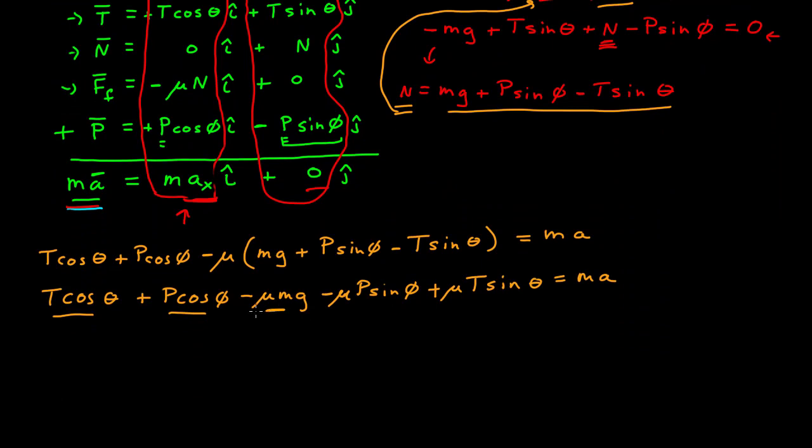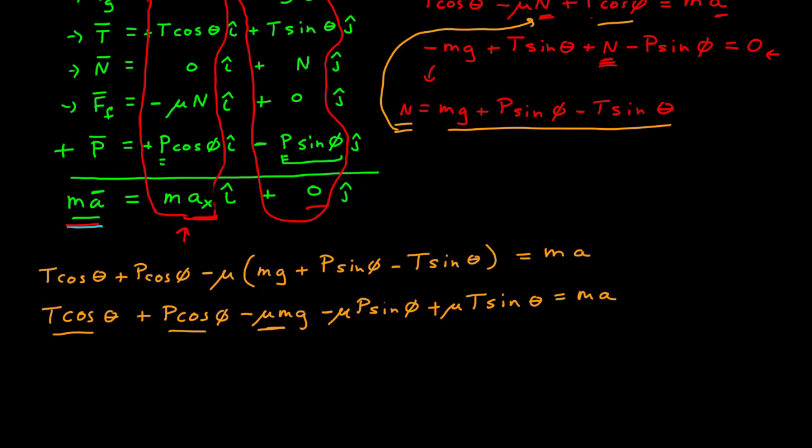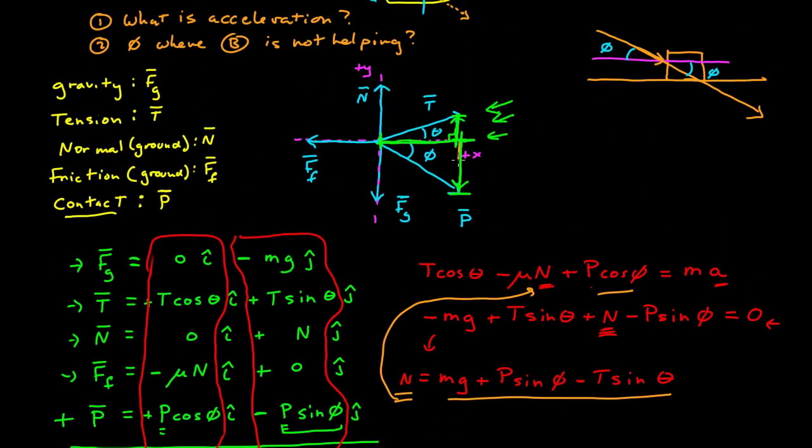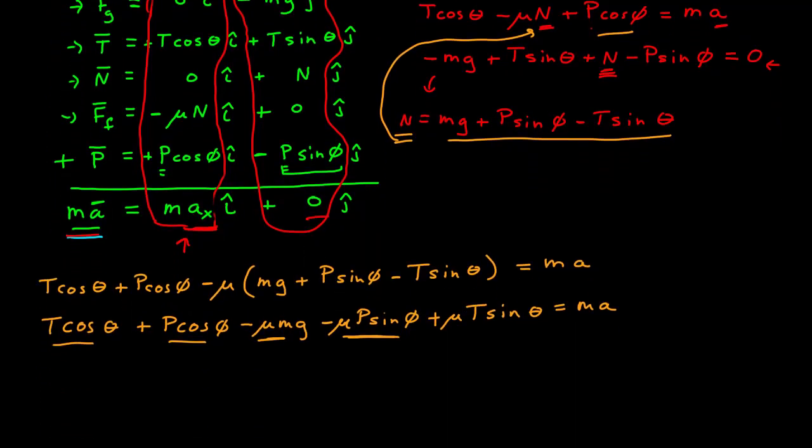So this comes from the frictional force. This is opposing the motion of my object. I also have this term here. So this is the vertical component of my pushing force. It contributes a term that's inhibiting me.